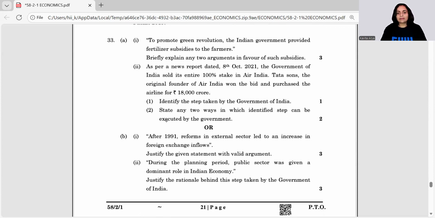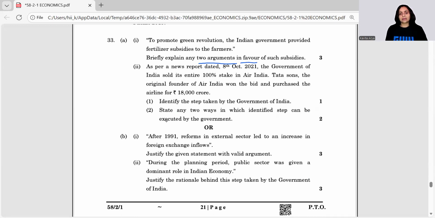Then you go ahead for 33, A part. To promote the green revolution, the Indian government provided fertilizer subsidies to the farmers. Explain any two arguments in favor. Subsidies are required. Why? Number one, the Indian farmer is poor and needs help if you want to go for betterment of the farmers, right?